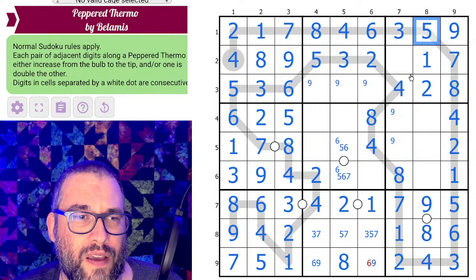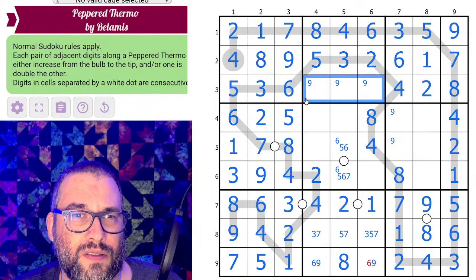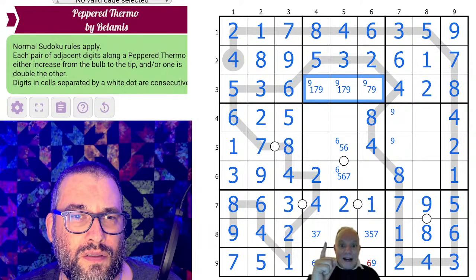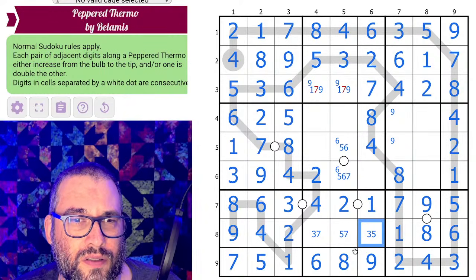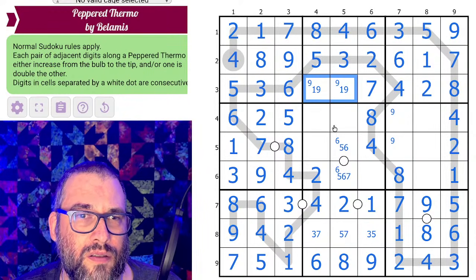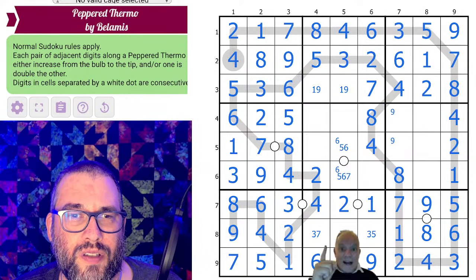3 and 5 go in. That's a 6. 7, 6. Let's see. Whoops.